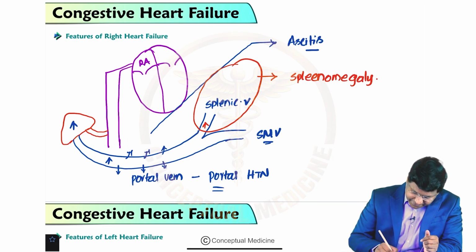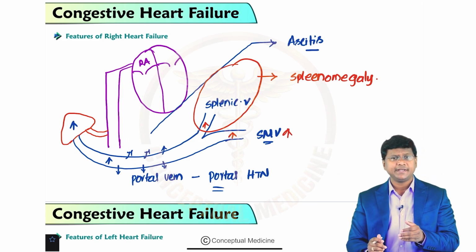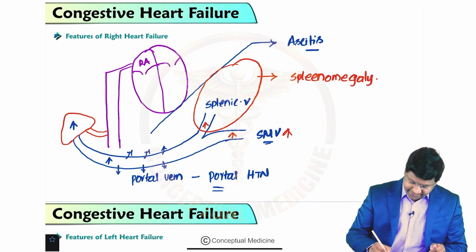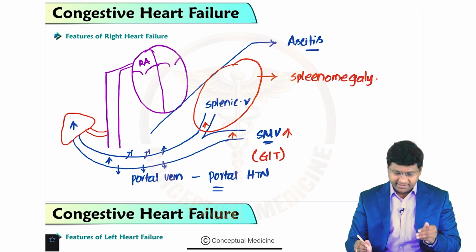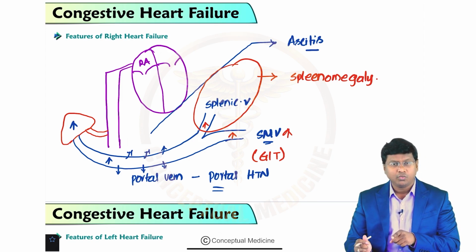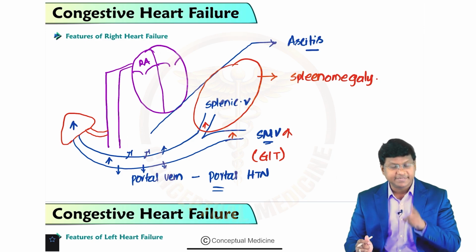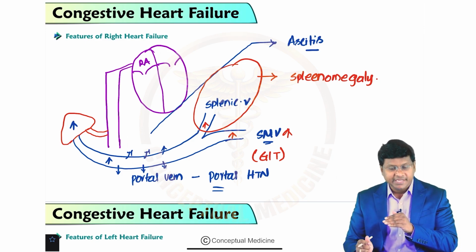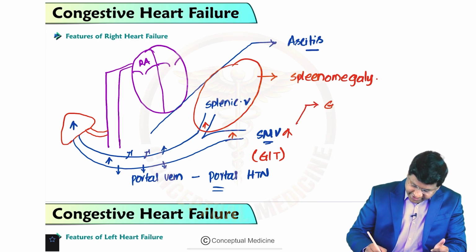And at the same time, the pressure within the superior mesenteric vein is also increased. The superior mesenteric vein drains the blood from the GIT. So once the pressure within the superior mesenteric vein increases, the GIT cannot drain the blood into the superior mesenteric vein, and that will result in GI wall edema.